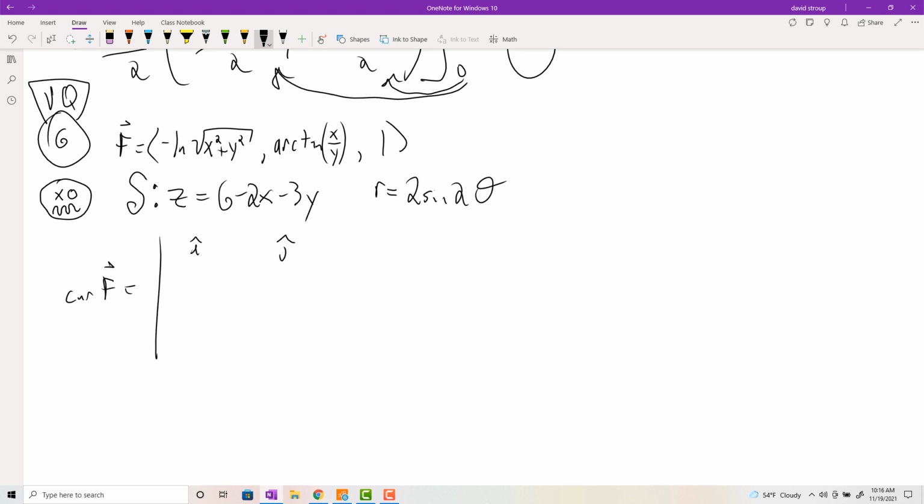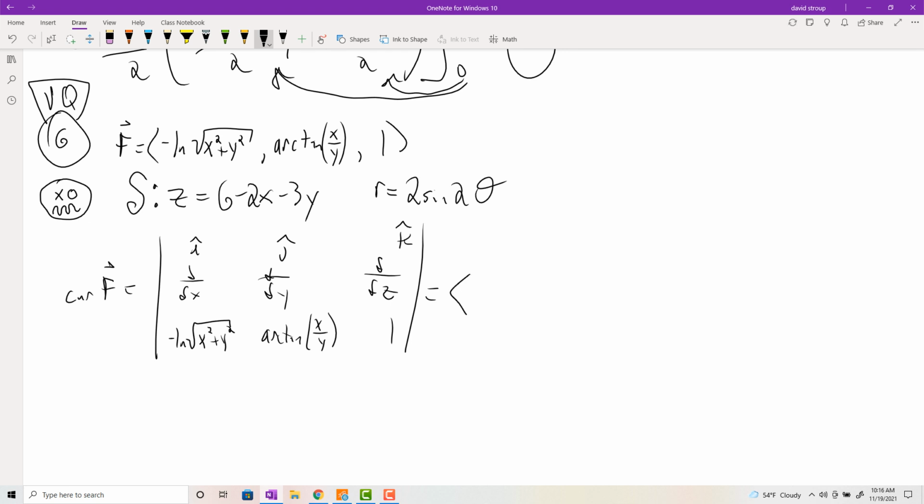So the curl of this F looks like some craziness, but it turns out to reduce kind of nicely. So partial with respect to x, partial with respect to y, partial with respect to z. You get negative ln square root of x squared plus y squared, and then arc tan of x over y, and then 1. So cover the first column, partial of y with respect to that is 0.